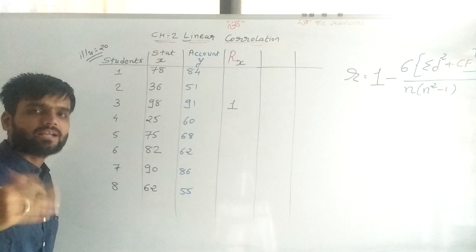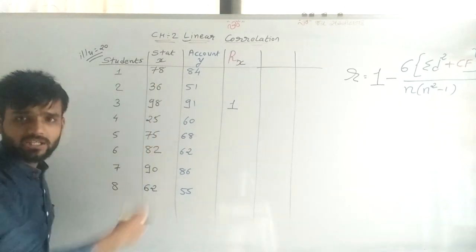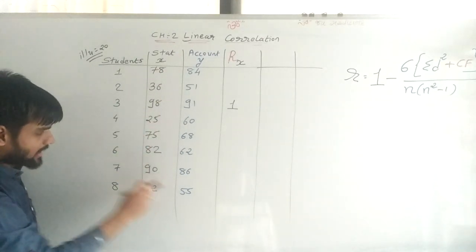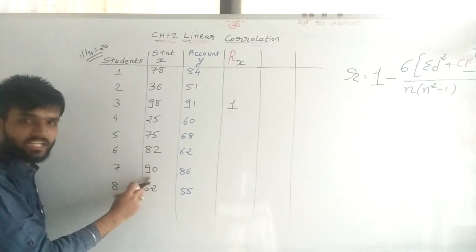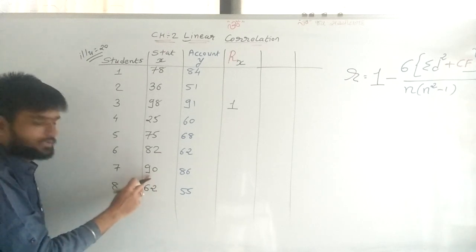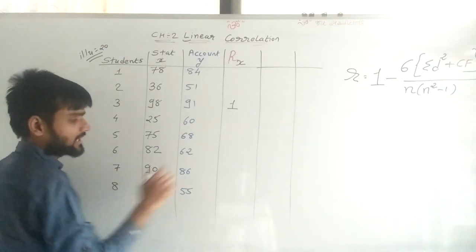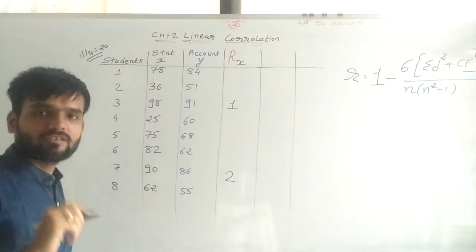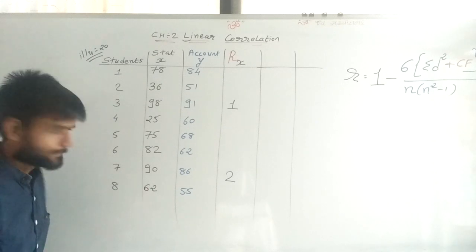Now who is getting the second rank? Sir, is anybody getting 99 marks? Yes, sir, the 7th student is getting 90 marks. But its rank is second rank. So 90 marks means second rank. Now in the 90s line, nobody else is there.